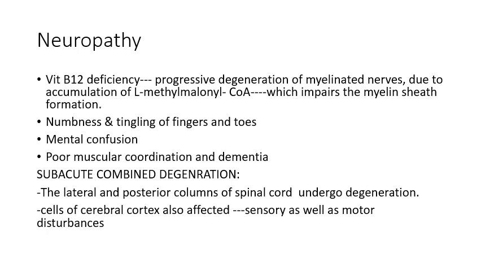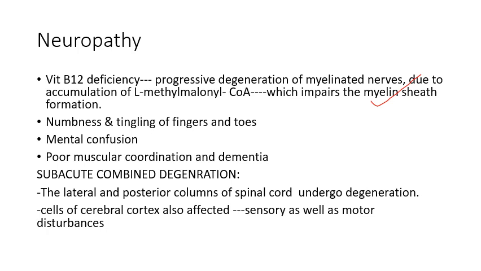The accumulation of methylmalonyl coenzyme A leads to impairment of myelin sheath formation, which is the reason for progressive degeneration of myelinated nerves.